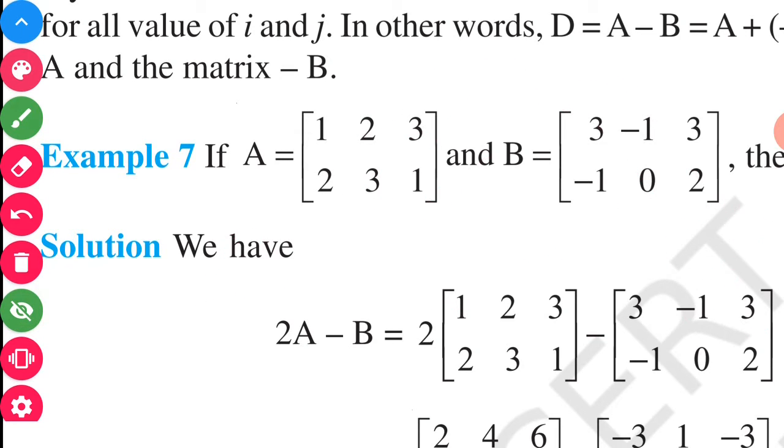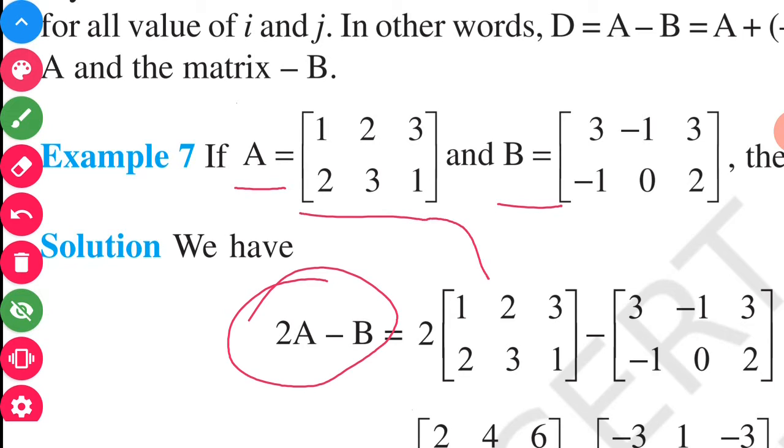Let us see this. Here A is given, B is given, and we have to find 2A minus B. 2A minus B means first we have to write the matrix A and multiply by 2, and for minus B, after writing the matrix we have to take the minus sign inside the matrix.